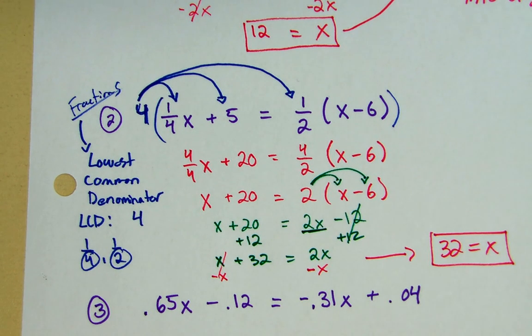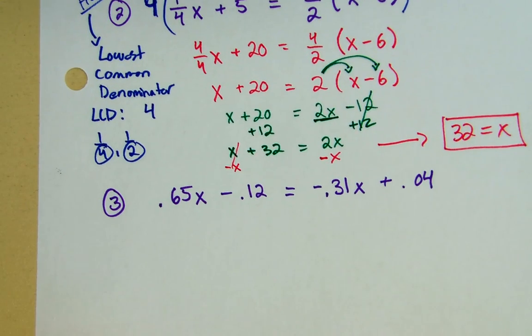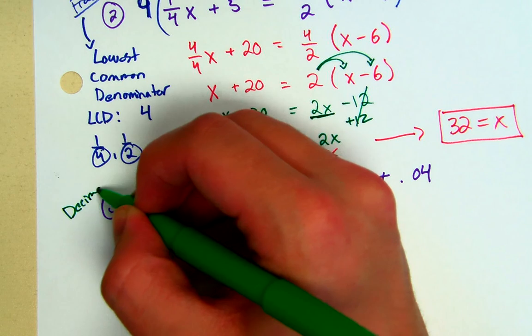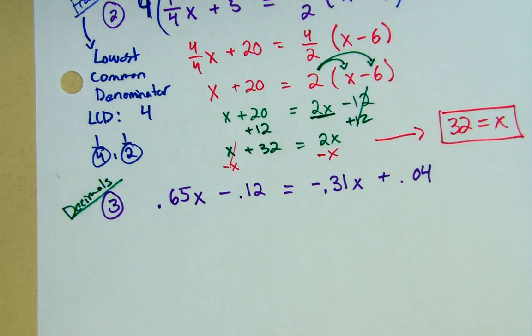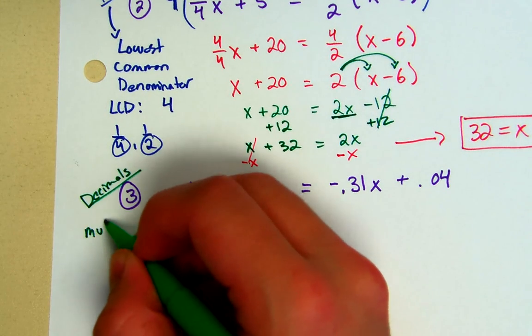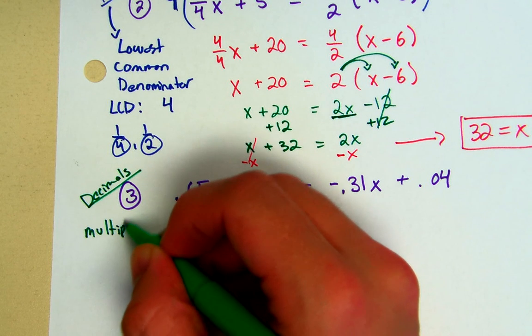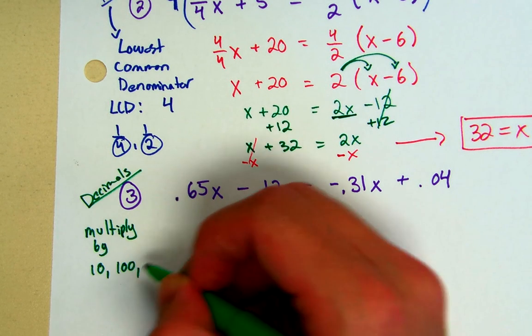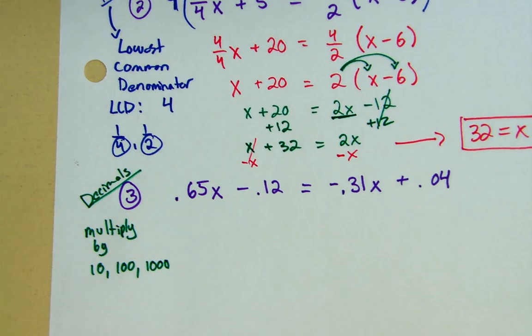Alright, and then the third example that we have, which I kind of started going into, is decimals. If there are decimals, you want to multiply to get rid of them. So multiply by 10, 100, maybe even 1,000.